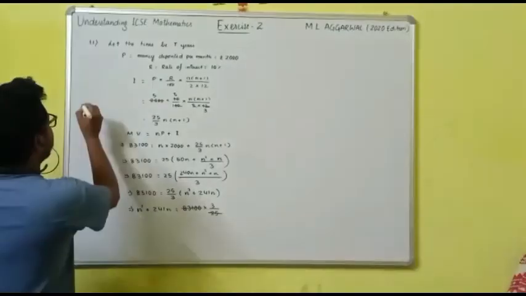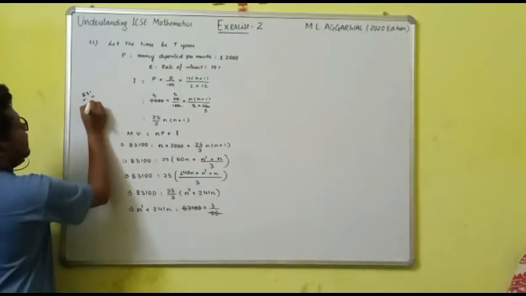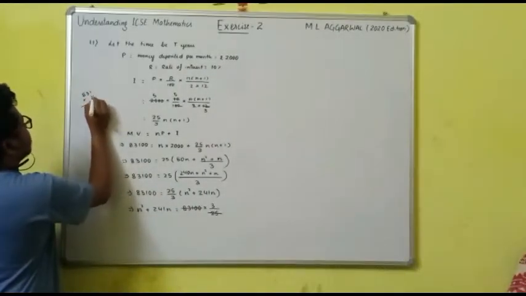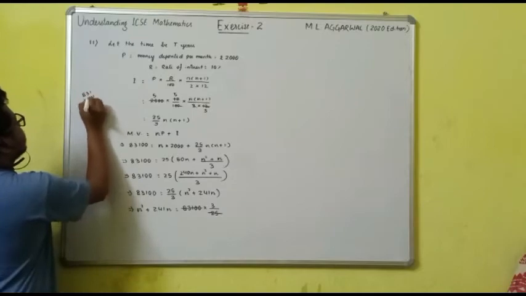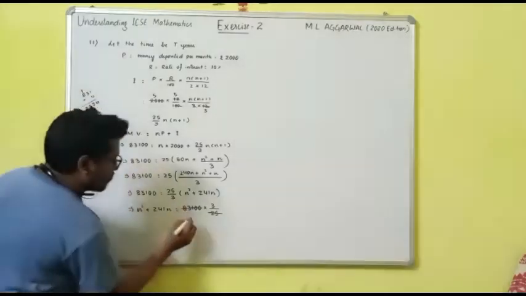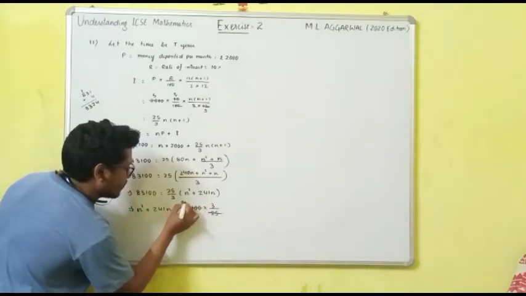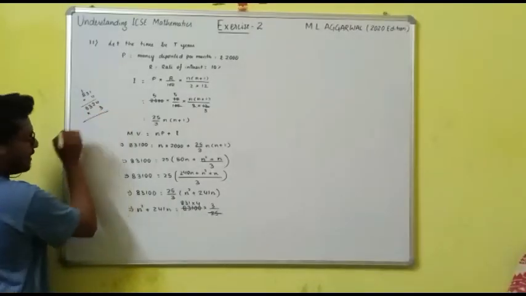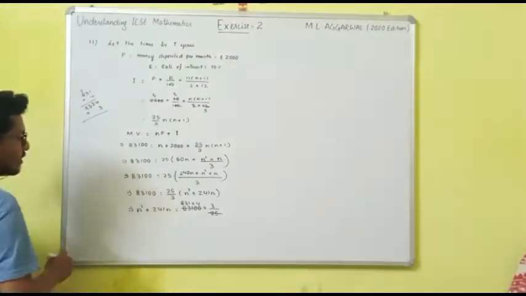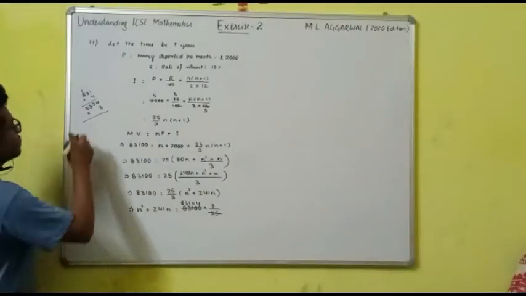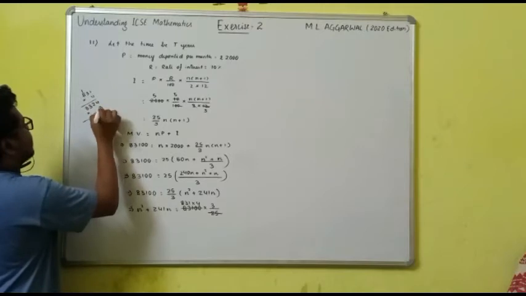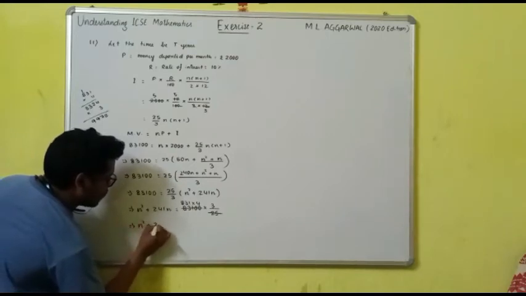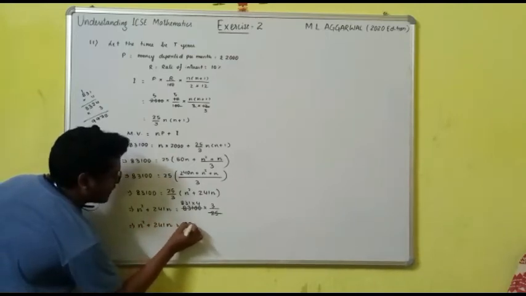So you can directly multiply 831 into 4 into 3, then you will get the value. So n square plus 241 n is equal to 9972.